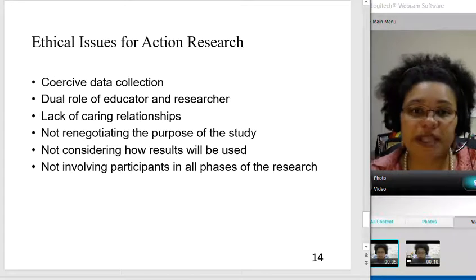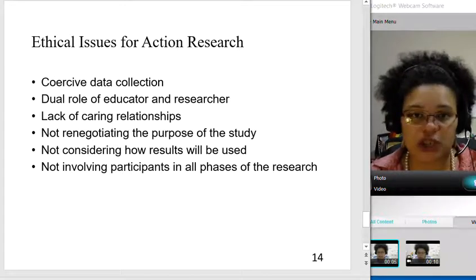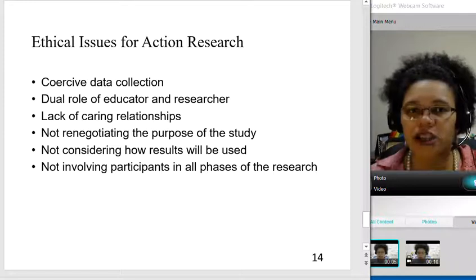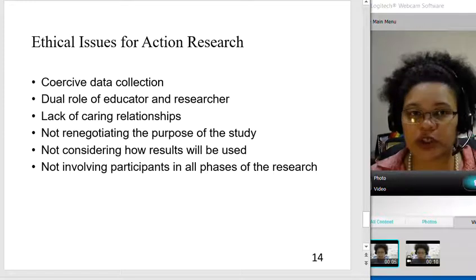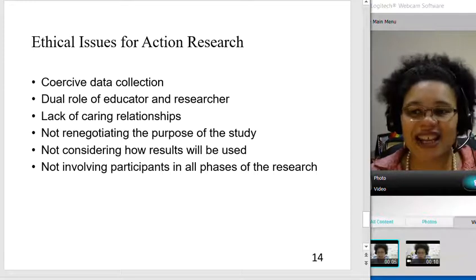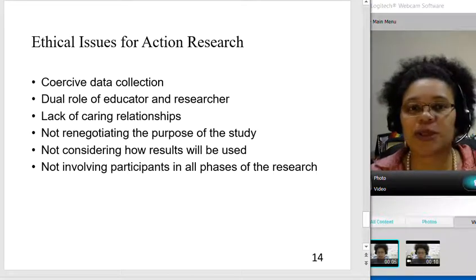Now, there are some specific ethical issues for action research, which is kind of the umbrella term for what most of your research projects will probably be. One is that in action research, you're usually doing research within your own setting, right? And so you already have a relationship with the people that are around you, and you're already in a particular role.